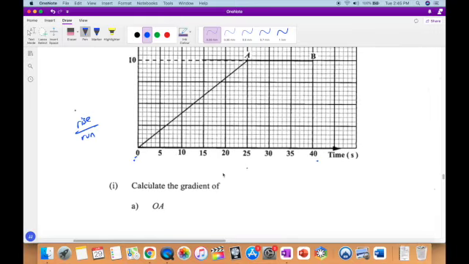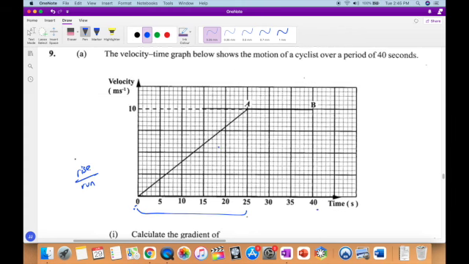So the vertical rise of OA, so OA lasts from here to here, so that vertical rise will be 10 all over the horizontal run, which is 25. So that'll give us 2 over 5. Positive 2 over 5.